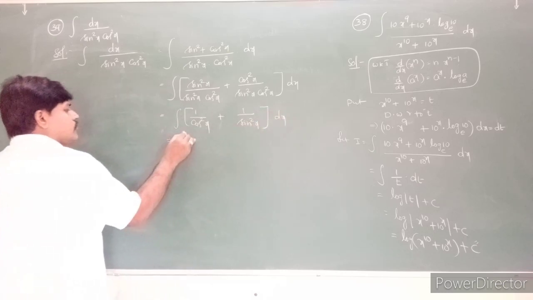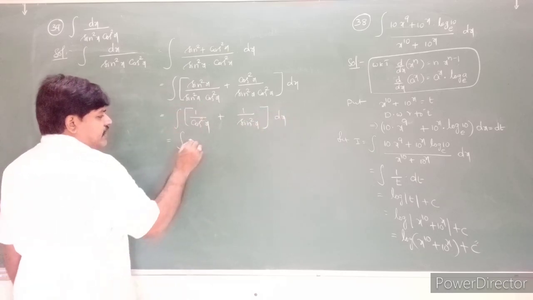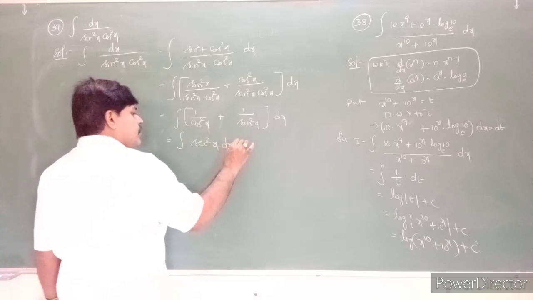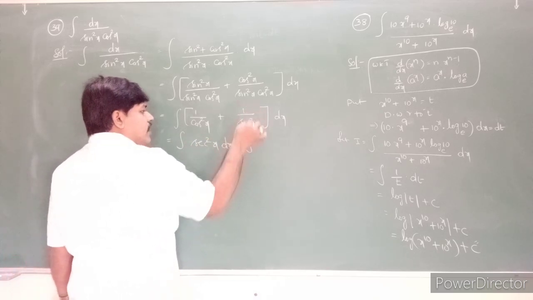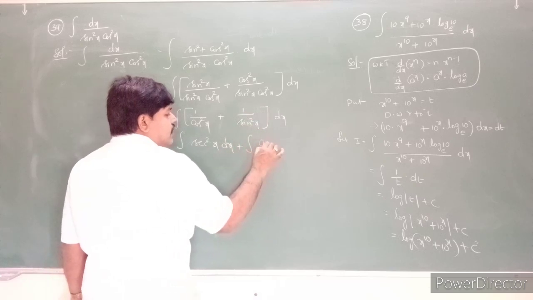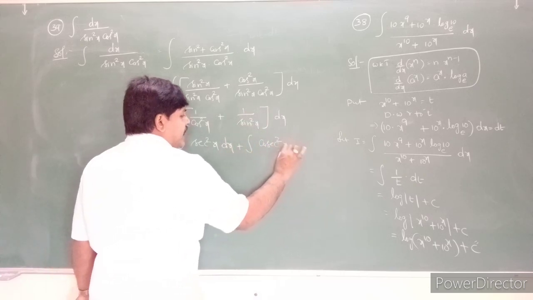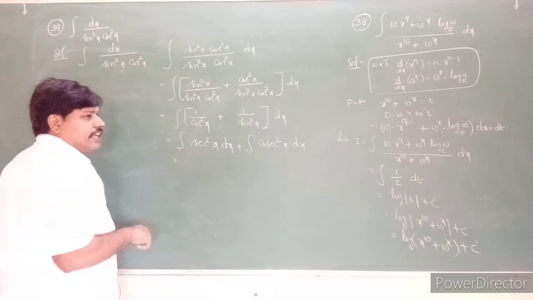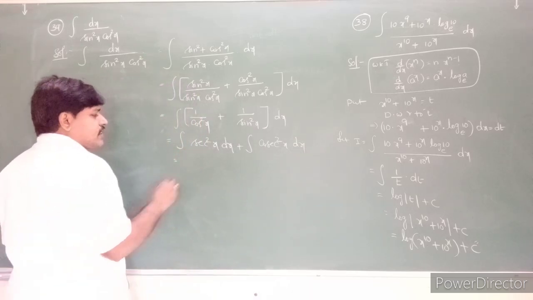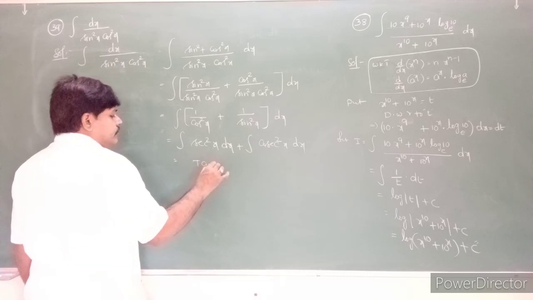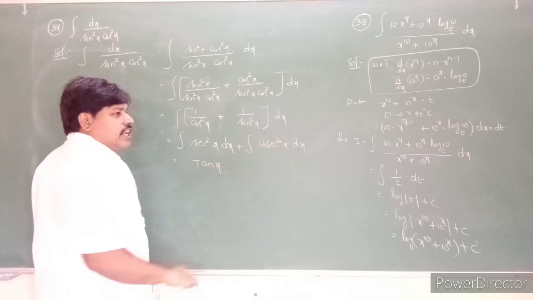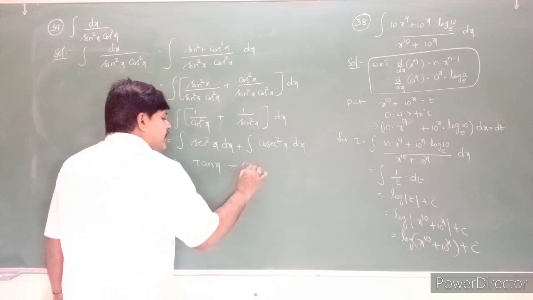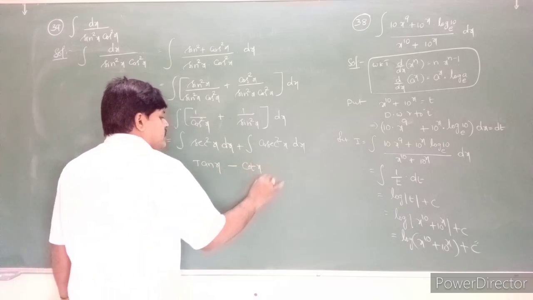The integral of 1 by cos square is secant square x into dx, plus the integral of 1 by sin square is cosecant square x into dx. The integral of secant square x is tan x, and the integral of cosecant square x is minus cot x.